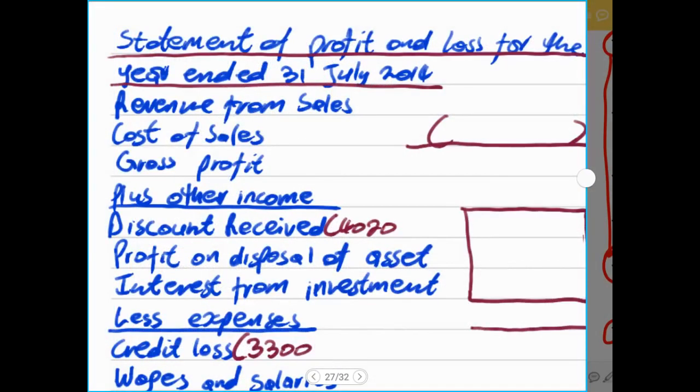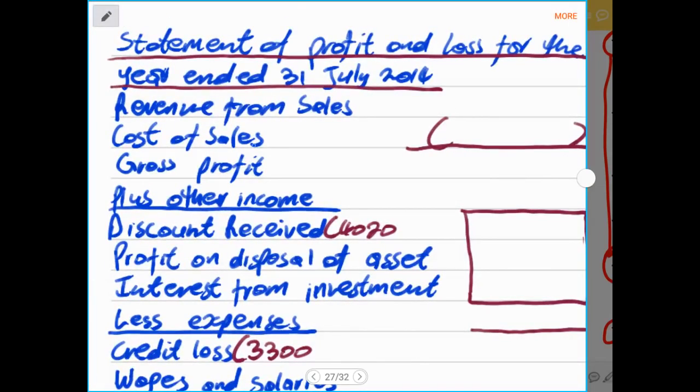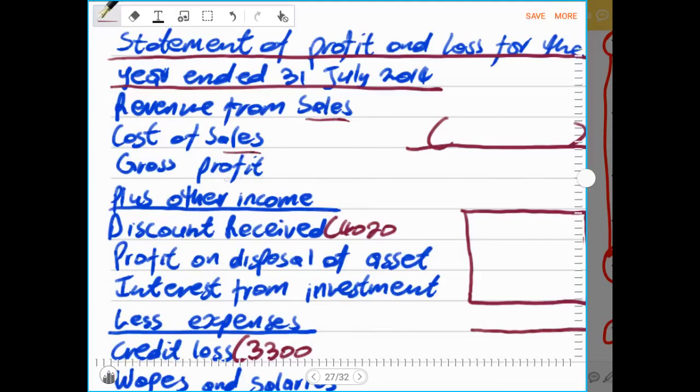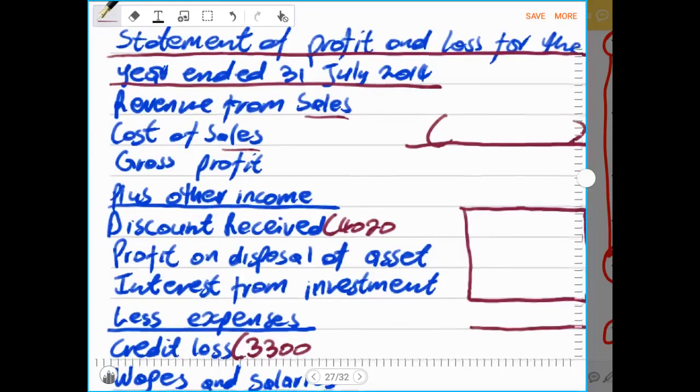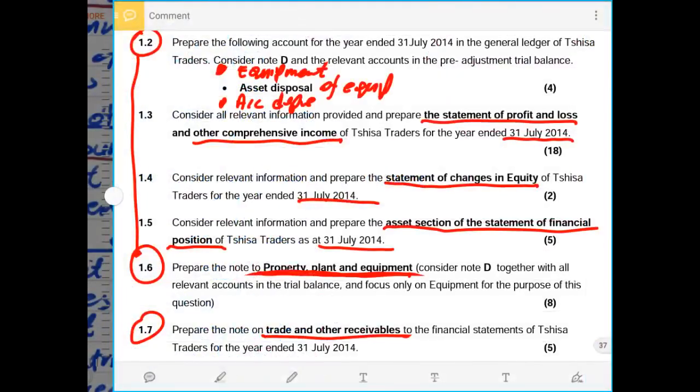So now I have drawn beforehand the structure or template of the income statement, starting with the sales. From sales I've done my cost of sales, gross profit. Under my other incomes, remember in the trial balance there was a discount that was received. I took that discount and recorded the amount of 4,020.